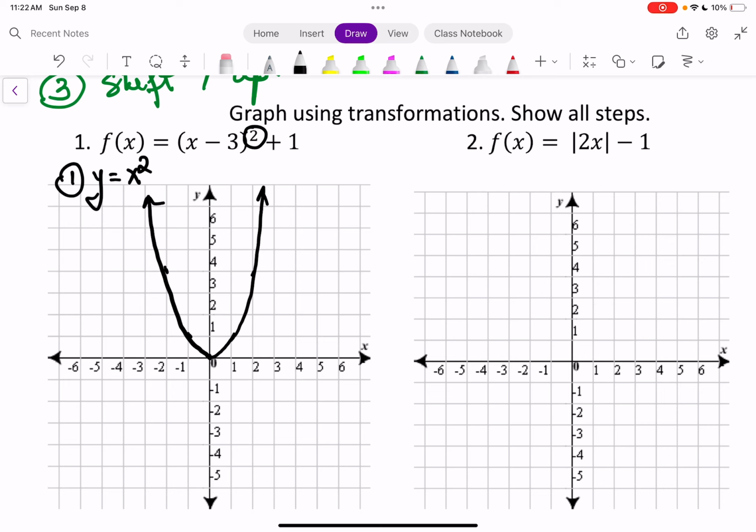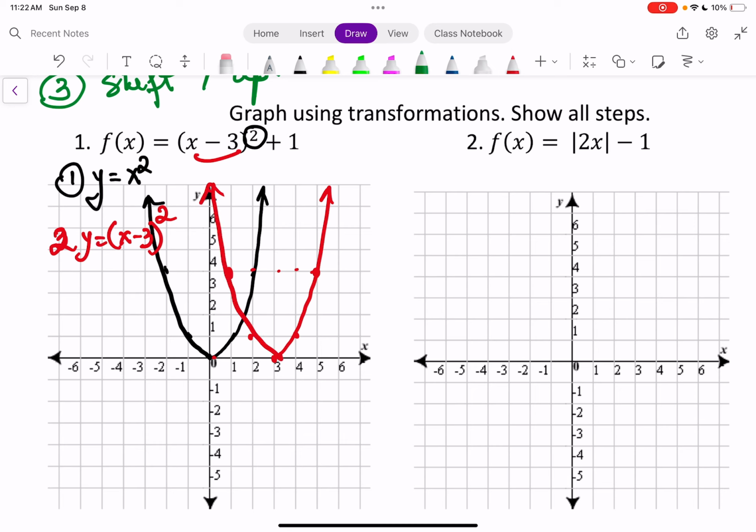Okay. Then there's 2 transformations, one that happened to the x's, and because of the x minus 3, that means you move the graph 3 units to the right. Okay.